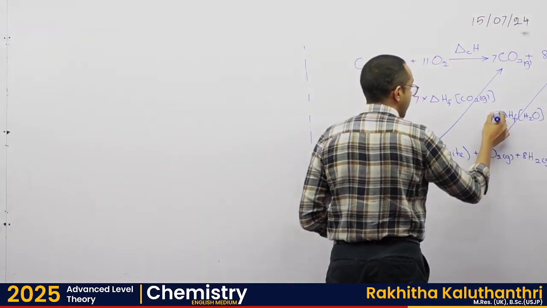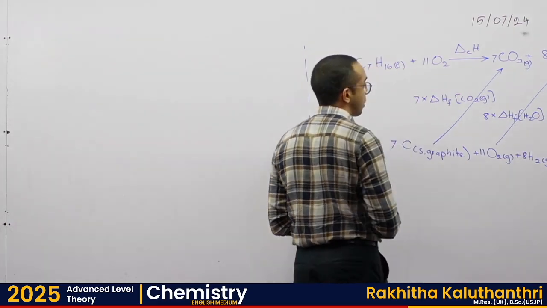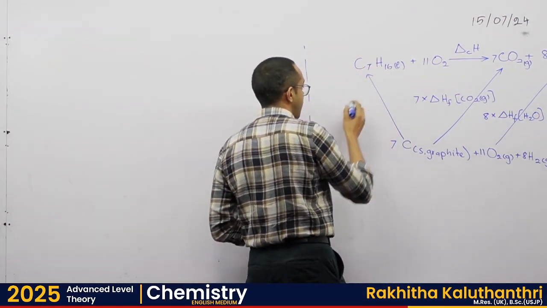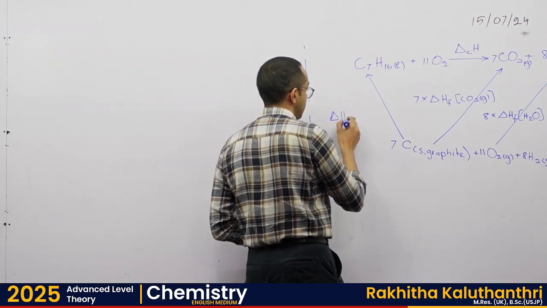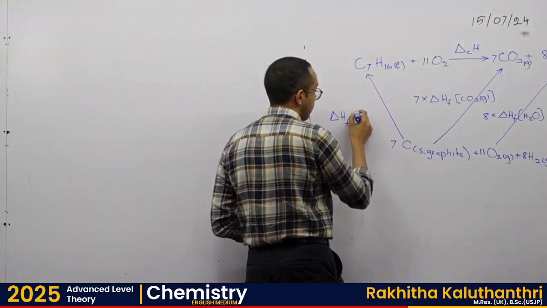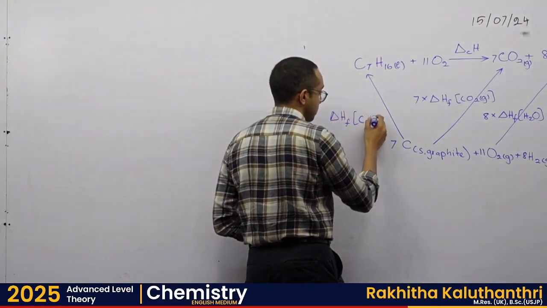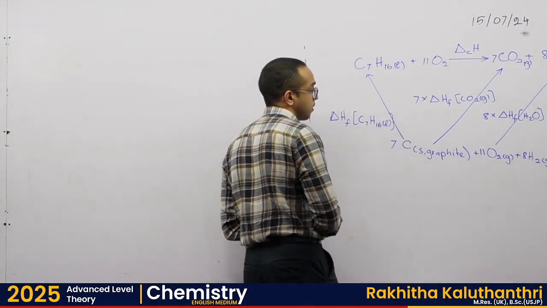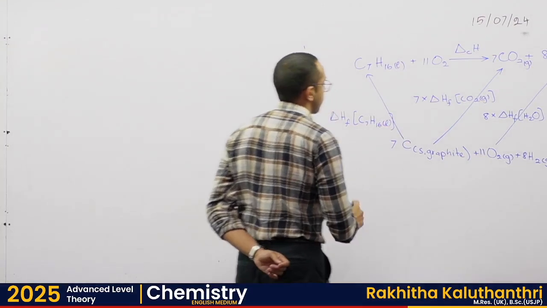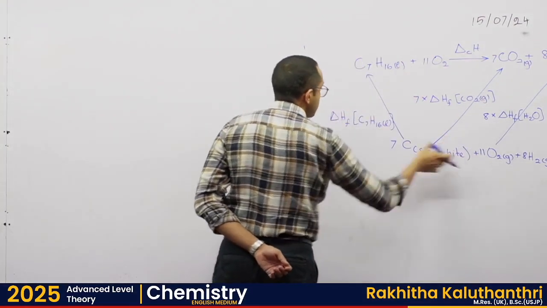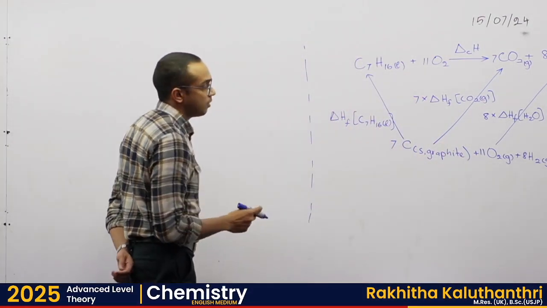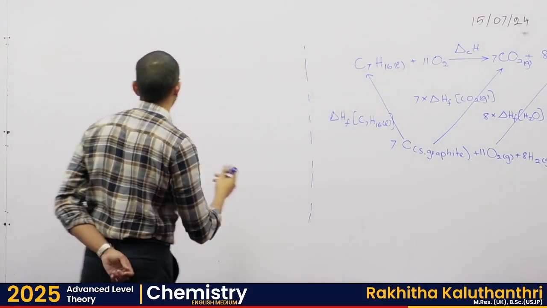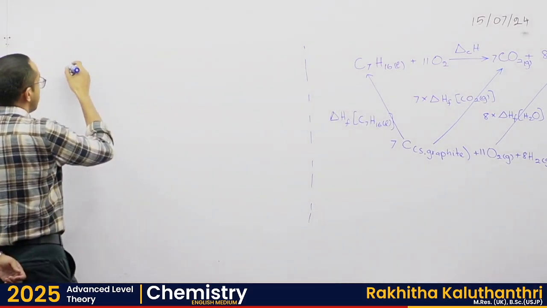Since we are forming 8 water molecules, we have to multiply that by 8. And then this happens to be the formation enthalpy of 1 heptane. Right? So we have drawn a cycle, and at each level this is balanced. So therefore we can now write the equation.